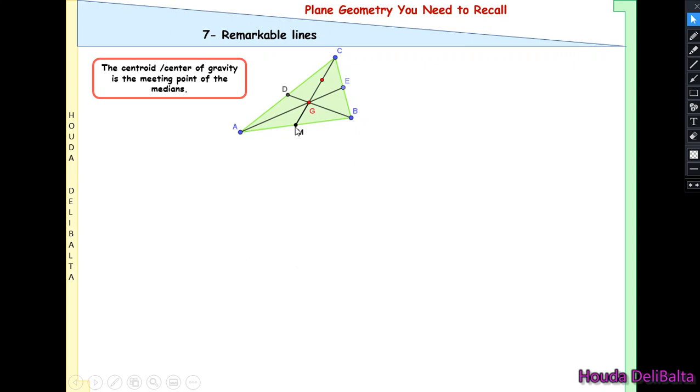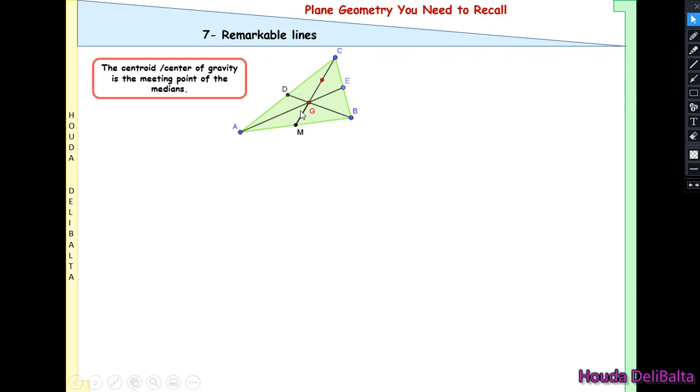So, since they are medians, they are intersecting, or concurrent, at the same point G. This G, which is the meeting point of the medians, is called the centroid or the center of gravity of the triangle ABC.